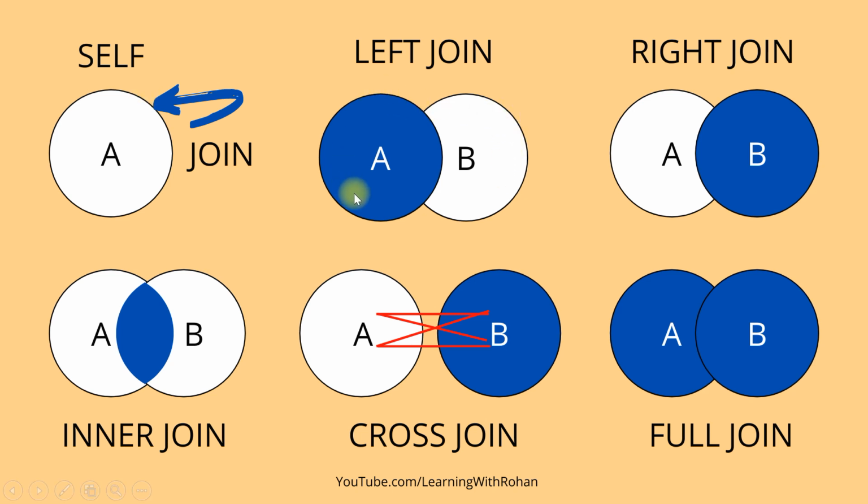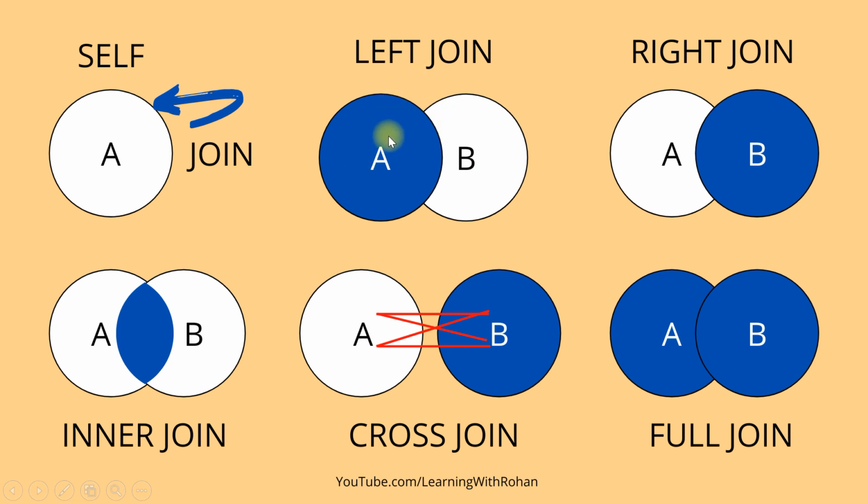So in the left join, if you have two tables, table A and table B, the way it works is all the records from table A will be picked up, and only the matching records from table B. Similarly, on the right join, you get all the records from table B, and then only the matching records from table A. To give an example here, let's say table A is a city table, and the B table is your rank student table.